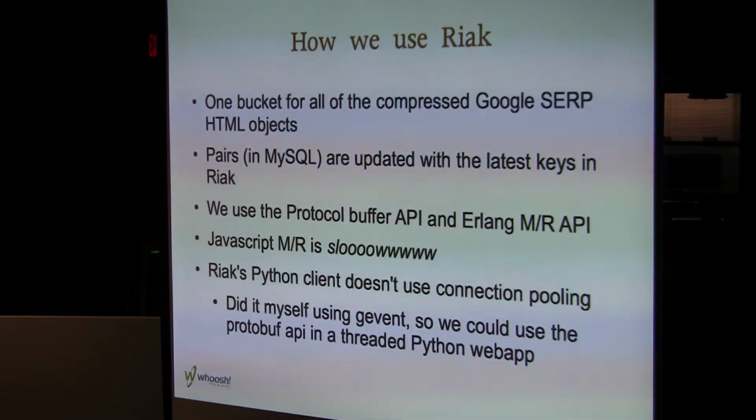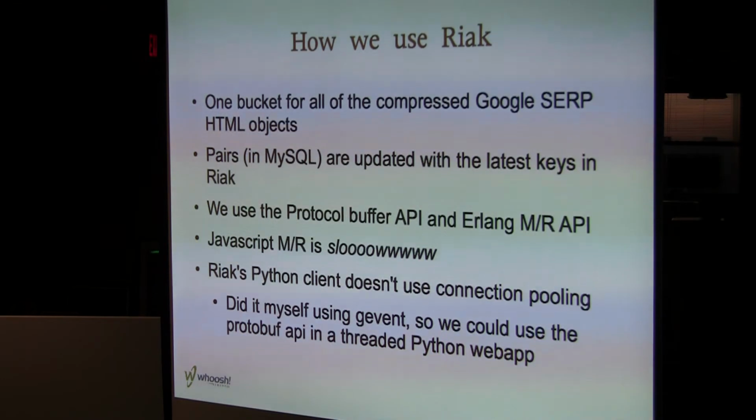And it kind of sucks for people that don't know Erlang. Luckily, there are some pre-built Erlang MapReduce functions that you can just call rather than have to write the code. But if you want the speed out of the entire cluster and what Erlang gives you, you got to write it in Erlang and do MapReduce in Erlang.